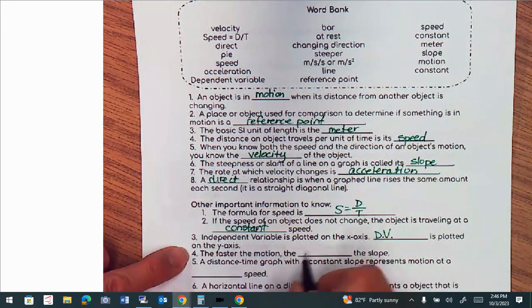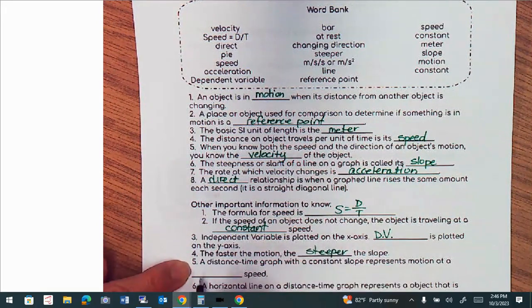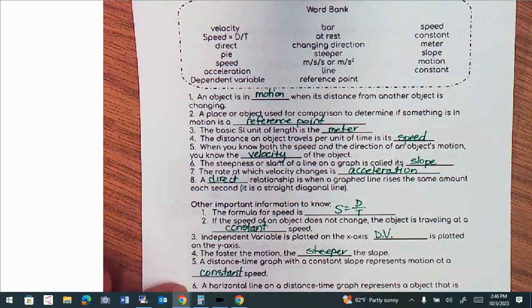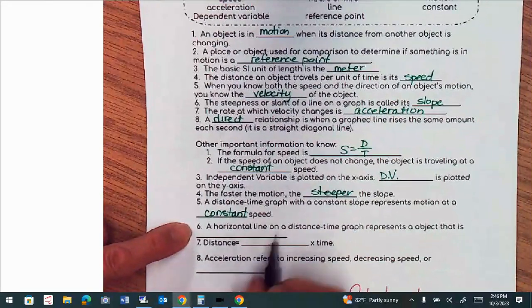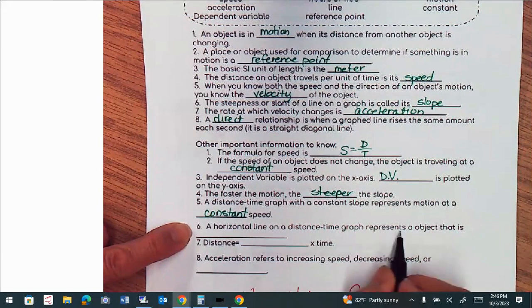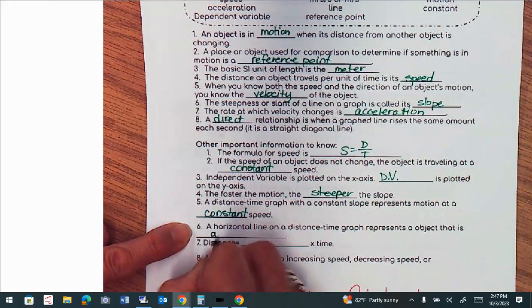The faster the motion, the steeper the slope. A distance time graph with a constant slope represents motion at a constant speed. A horizontal line on a distance time graph represents an object that is at rest.